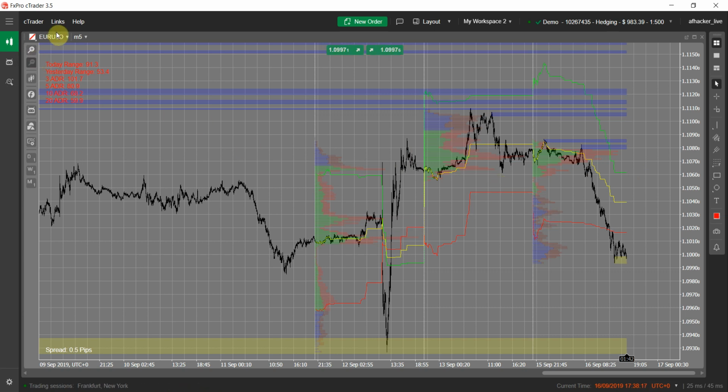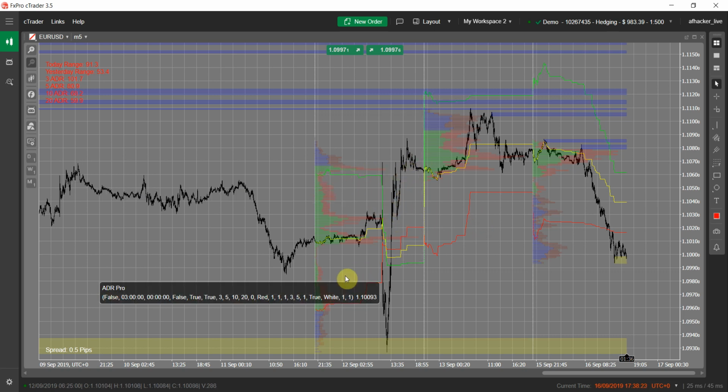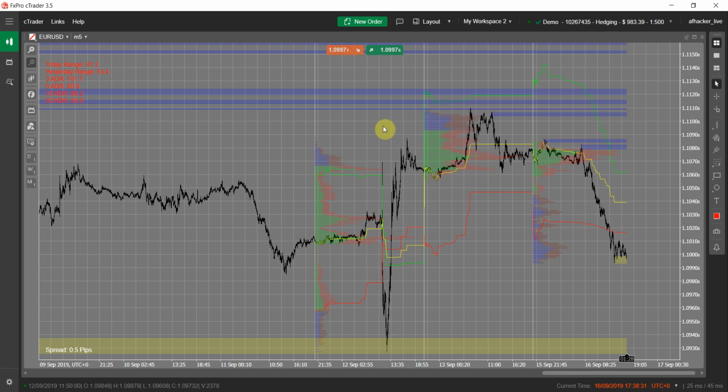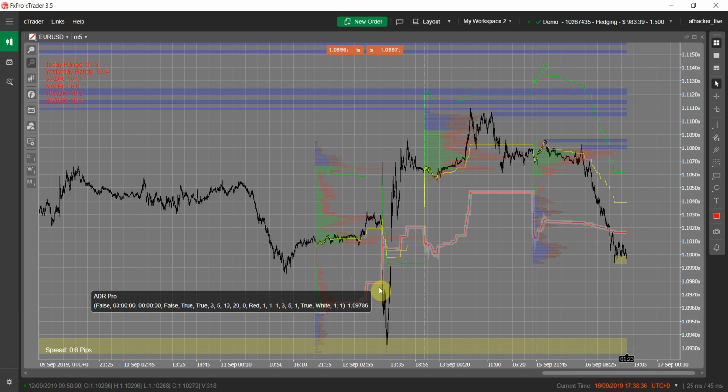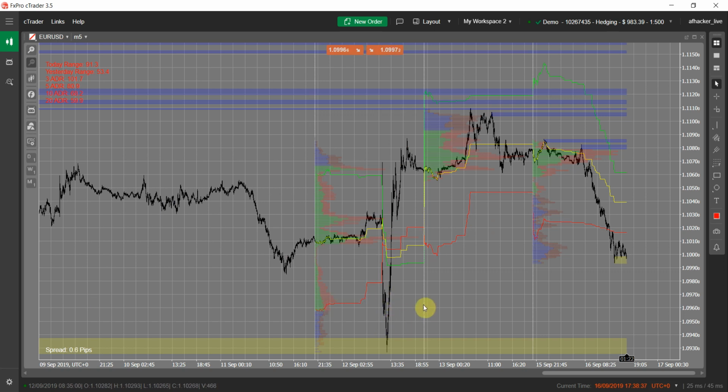The way this system works is it waits for the price to exceed either the top ADR or bottom ADR. Once the price reaches the red line or green line, that's the time that we will trade. And most of the time, when price crosses these lines, it goes out of the value area, which is the area where 70% of trading volume happened, as shown by the volume profile.